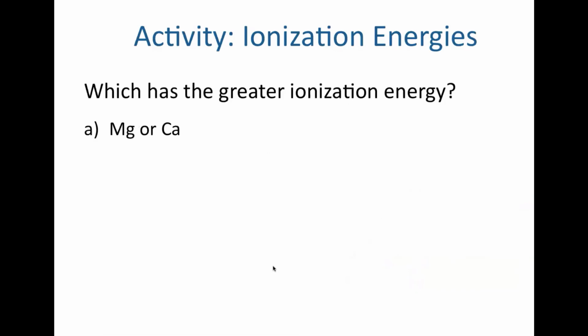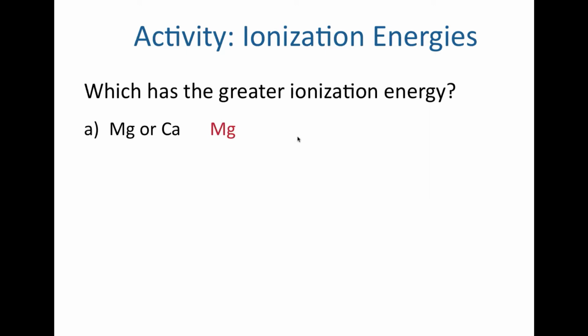Let's continue. For these, you just have to look at the periodic table. Magnesium and calcium. Well, which one's more up and to the right? They're both in 2A. Magnesium's higher, so magnesium's going to have a higher ionization energy.